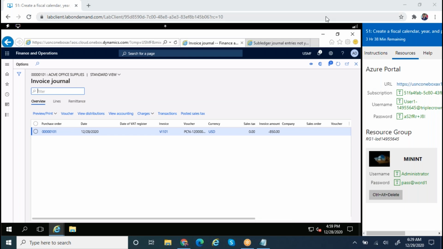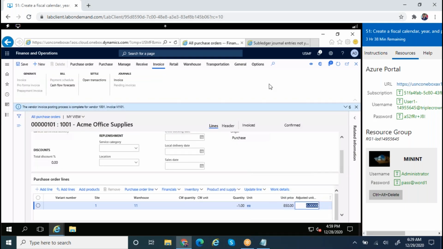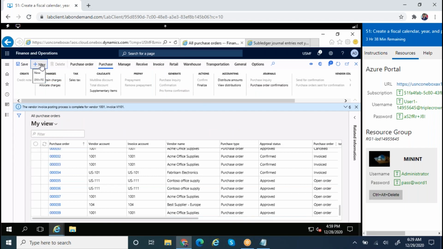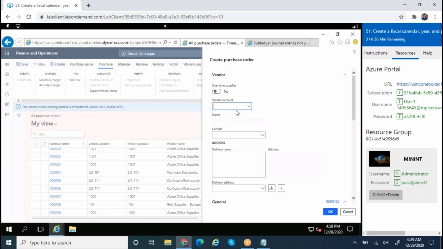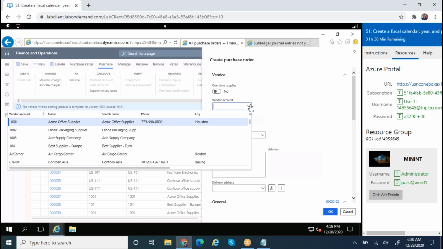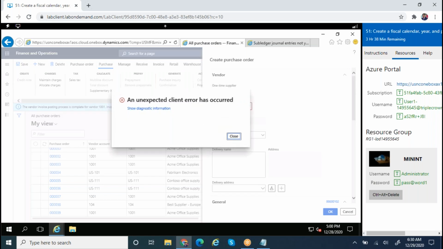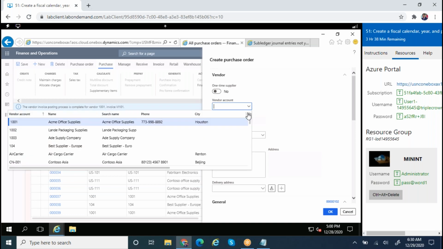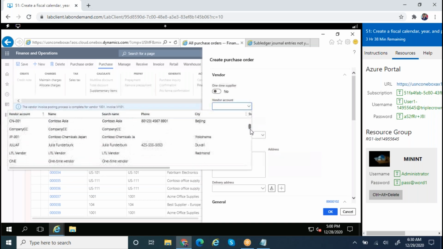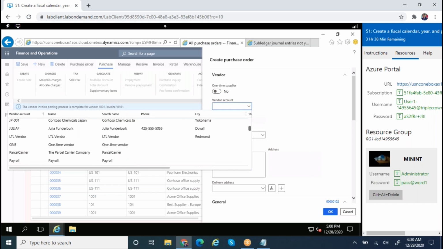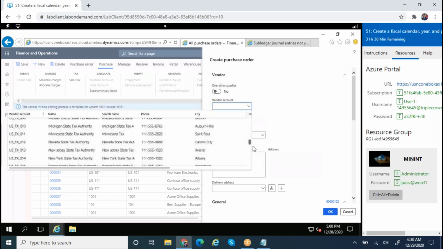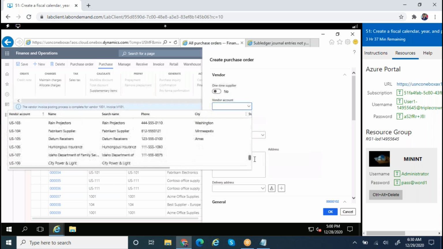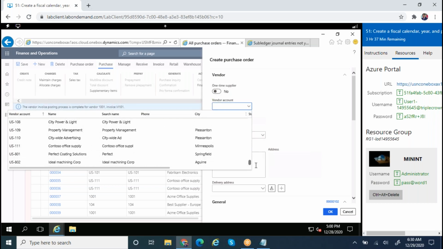Yes. Okay, fine. So let me show you quickly the second scenario. Suppose there is an international vendor. Let me take some vendor which is international, meaning other than US dollars. Let me verify. I think I have some vendor account. Otherwise, I will use the same vendor.